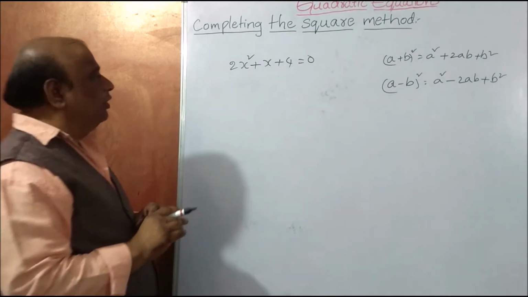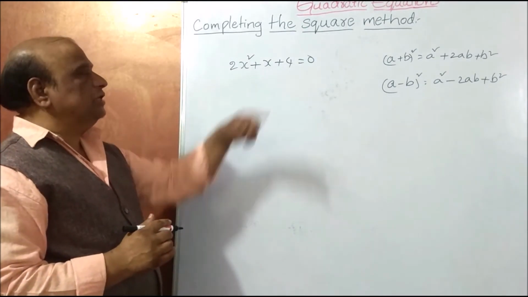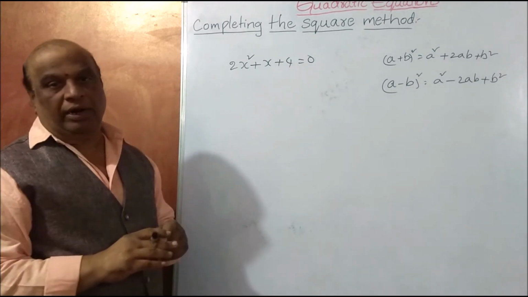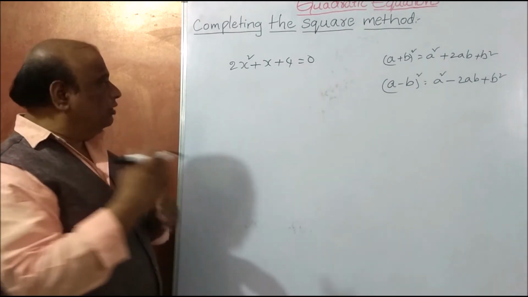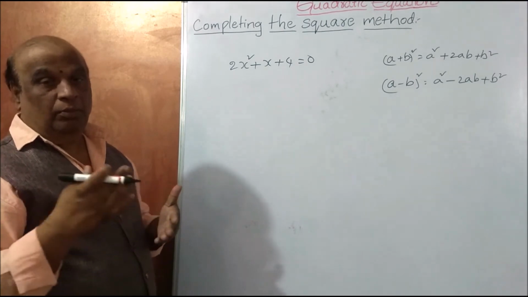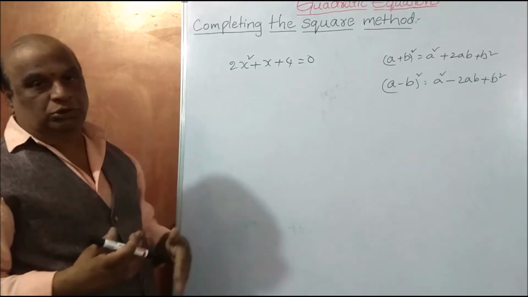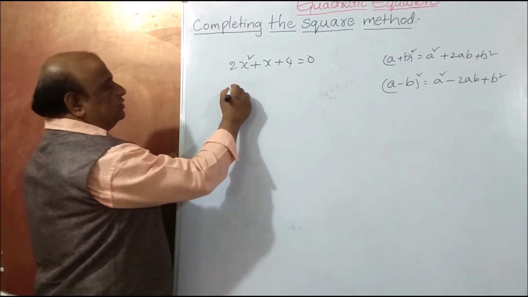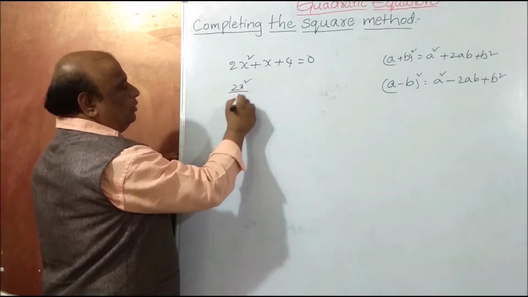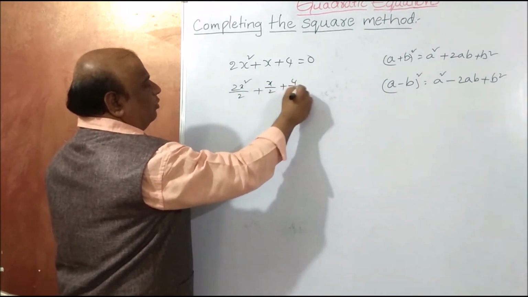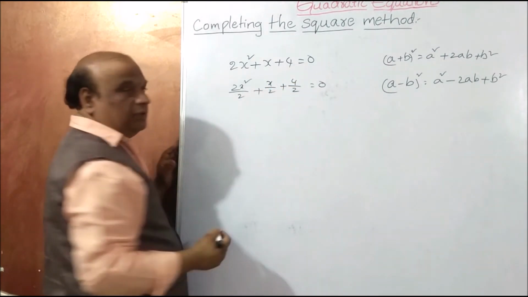So students, one more example, 2x square plus x plus 4 is equal to 0. It is a non-monic quadratic equation. You have to change it into a monic quadratic equation. That's why you divide each term by 2. 2x square by 2 plus x by 2 plus 4 by 2 is equal to 0.